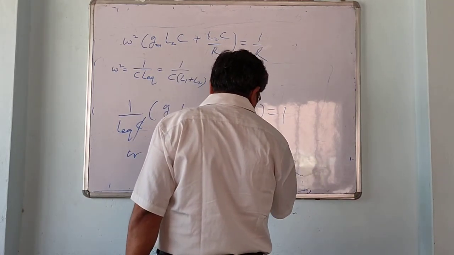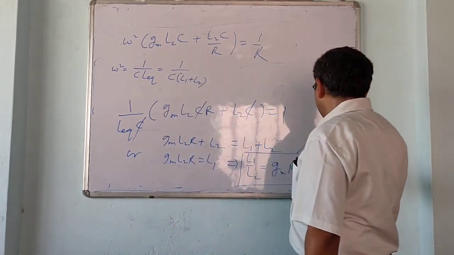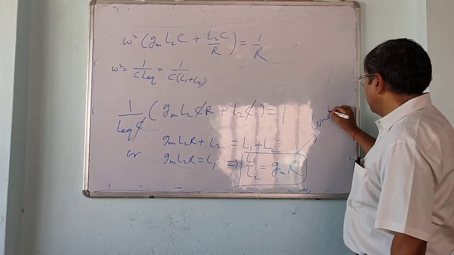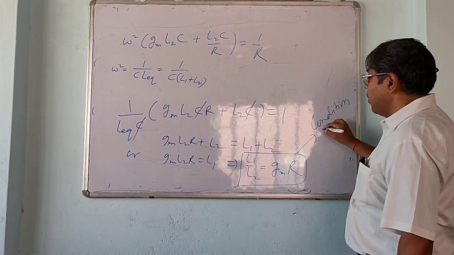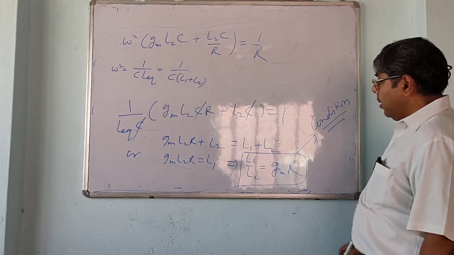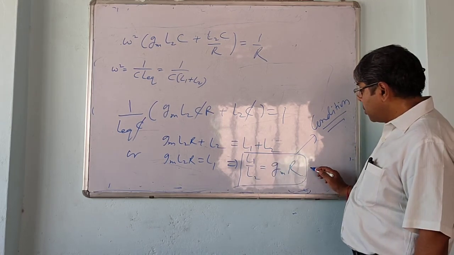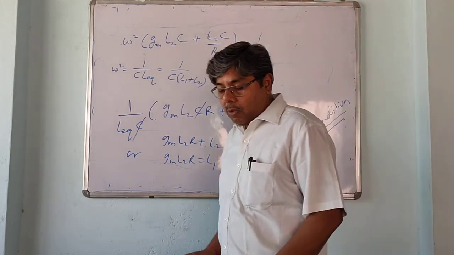So this is the condition, called the condition for oscillation: L1 upon L2 must be equal to Gm.